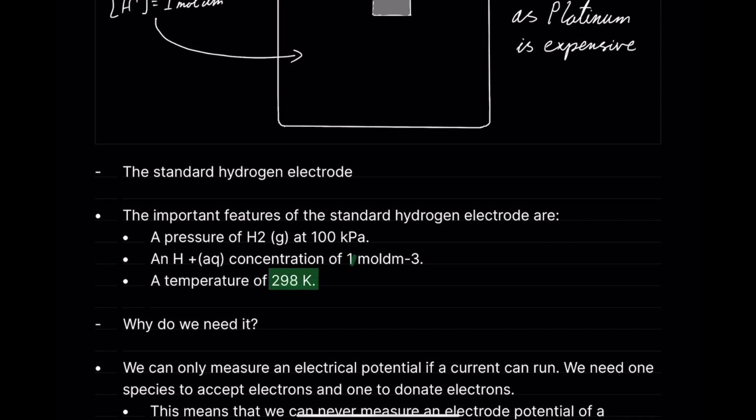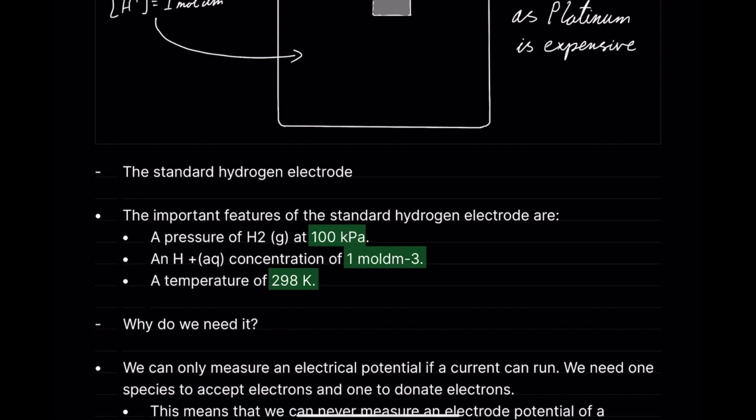These are the standards: 100 kilopascals pressure of H2 gas, concentration of 1 mole per dm cubed of acid, and a temperature of 298 Kelvin.